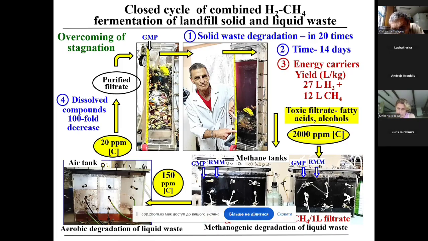And due to the sequential anaerobic degradation in methane tanks and then additional purification in air tanks, we obtained a 100-fold decrease of dissolved compounds. And due to the closed technological cycles, illustrated by the yellow sticks, this closed cycle led to these very suitable results.